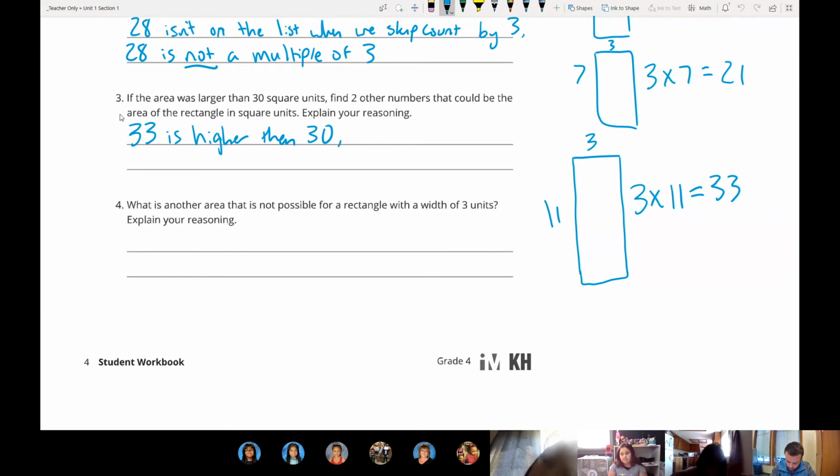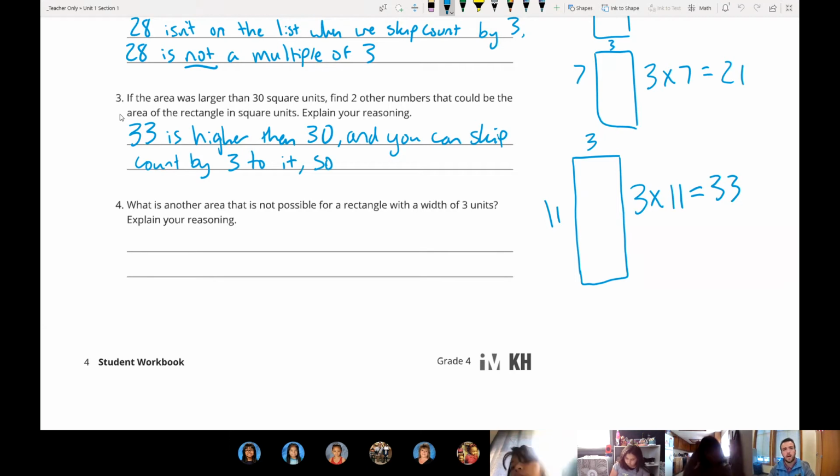It is a number that you can actually skip count like 3s too. Okay, so you can skip count by 3 to it. Therefore, is it a multiple or is it not a multiple, Adelina? It is a multiple. All right, very good, Adelina.